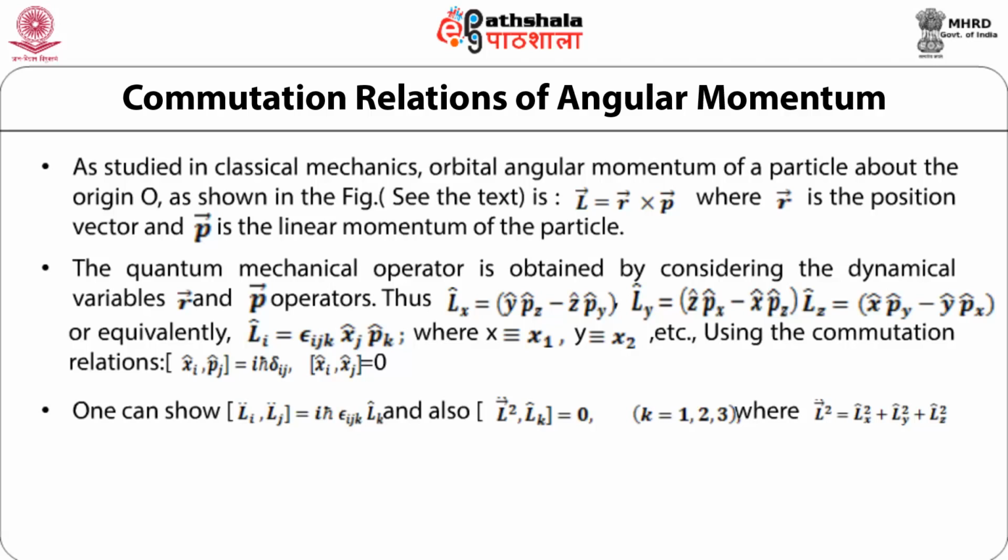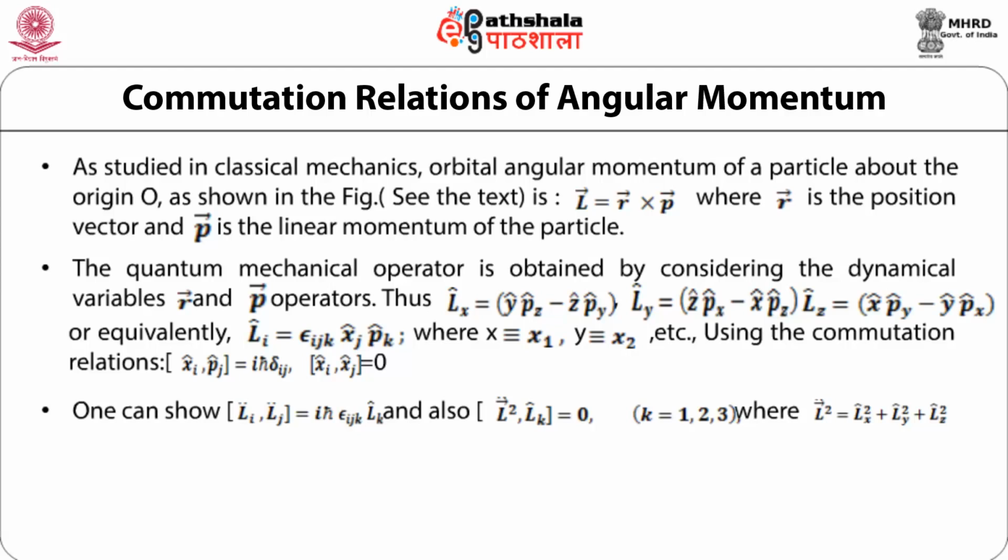And similarly, the z component of the orbital angular momentum operator is given as operator x times operator p subscript y minus operator y times operator p subscript x. These three components are obtained from the above definition of the orbital angular momentum.